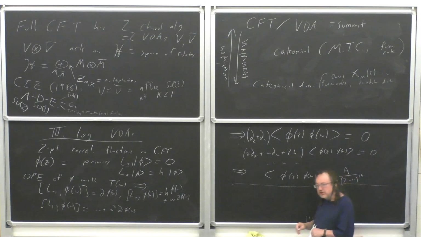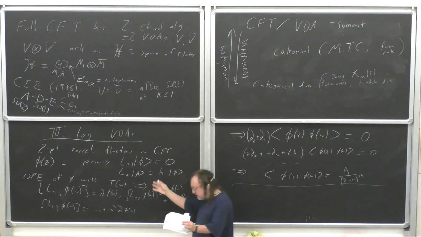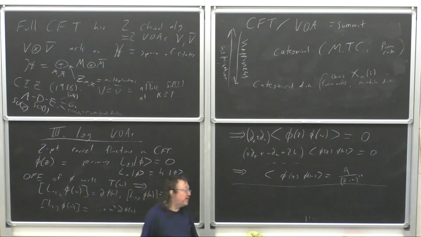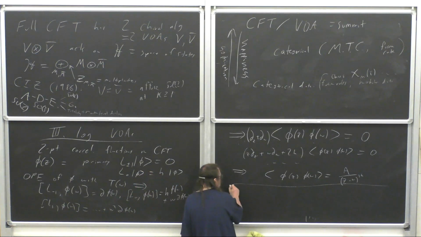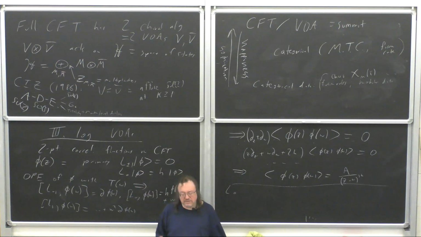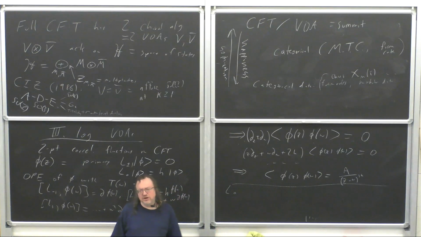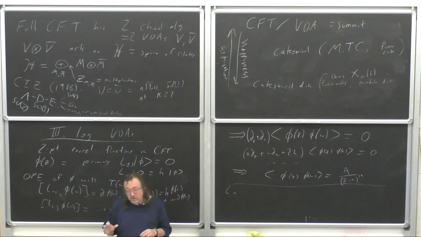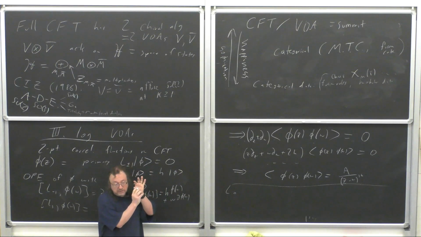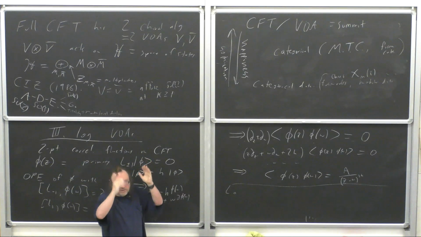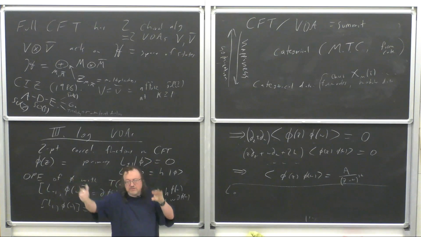Now imagine we're doing a thought experiment again. Imagine that we're in a situation where L naught is not diagonalizable. Of course L naught is diagonalizable, I hear you say. But imagine a situation where L naught is not diagonalizable. In our VOAs, L naught will always be diagonalizable. We always have our V being a sum of something like V naught plus V1 plus dot, dot, dot.